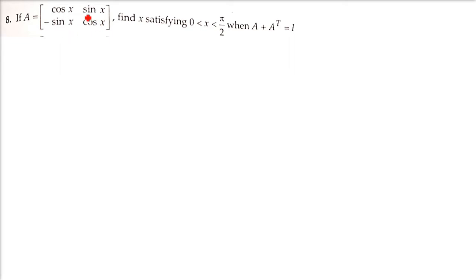If A is this matrix, find x, satisfying x should be between 0 and 90 degrees, 0 and pi by 2, when A plus A transpose is equal to I, the identity matrix. So I is the identity matrix. So let us add it. A matrix: cos x, sin x, minus sin x, cos x. Now add the transpose one.